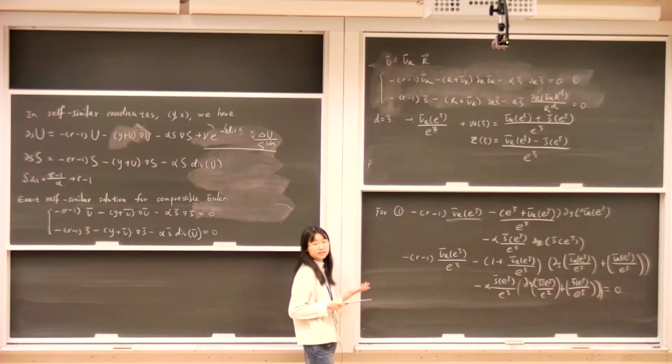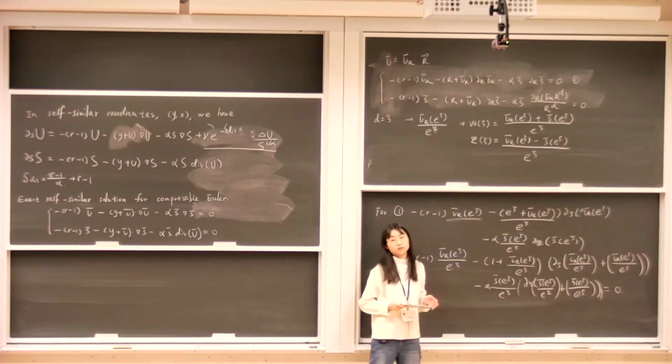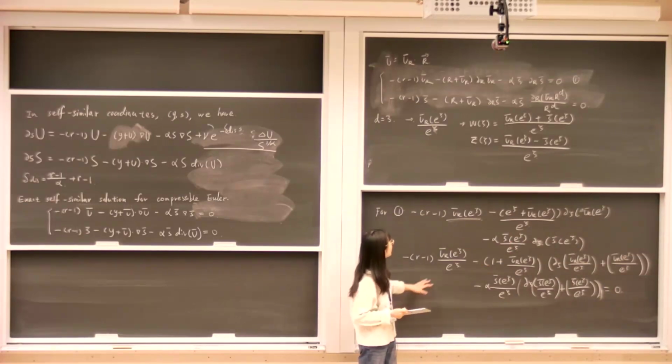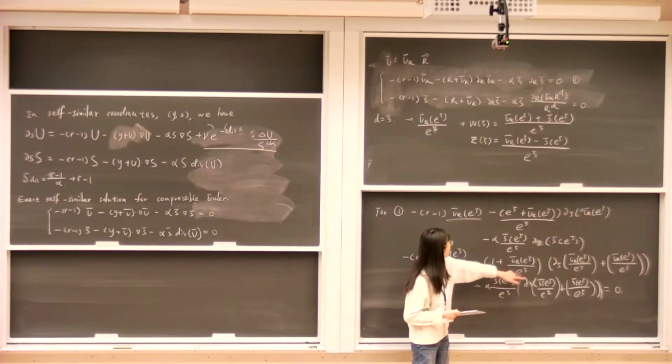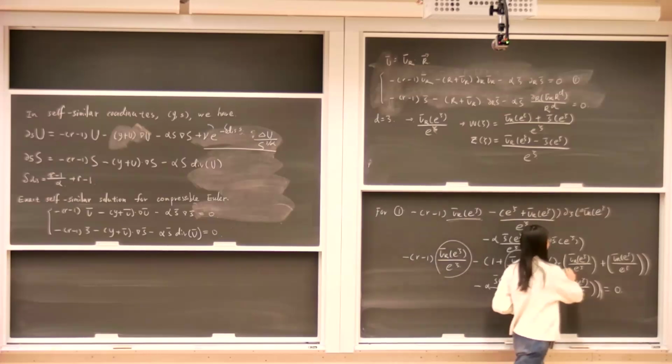Yes. Zeta is my new variable, and you want to divide it by e to the zeta as well. So basically, S_R divided by R and U_R divided by R, and change the R to e to the zeta. And then all the things are grouped together. So this is an autonomous system.